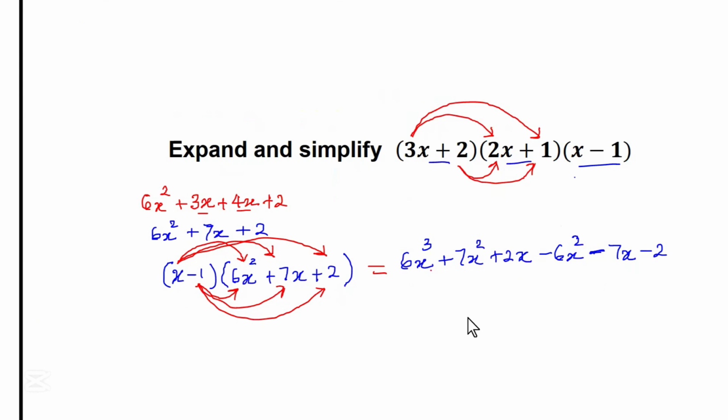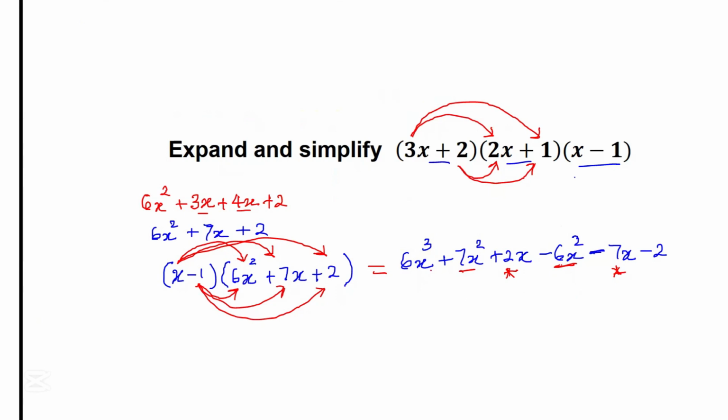Now at this point, we have to collect the like terms. The like terms in this case: we have a power 3, which is the only power 3. Here we have power 2, so 7x to the power 2 and minus 6x to the power 2 are like terms. Then we have plus 2x and minus 7x, which are like terms.